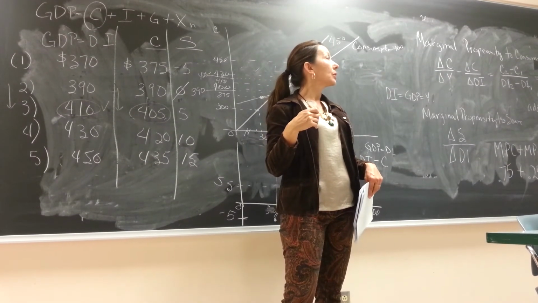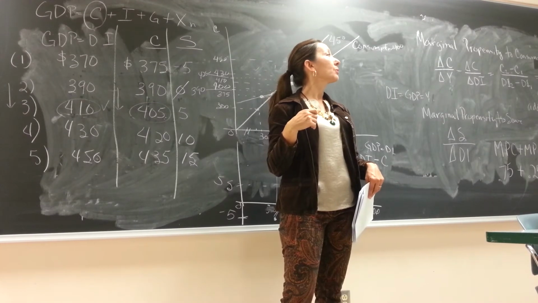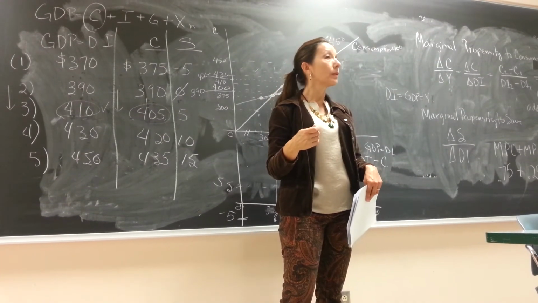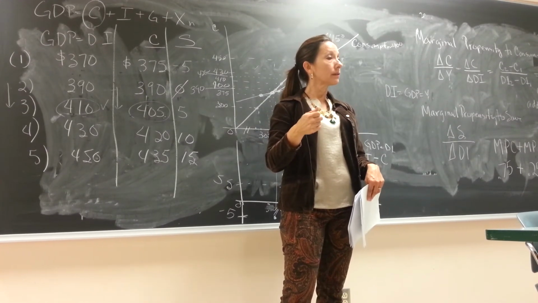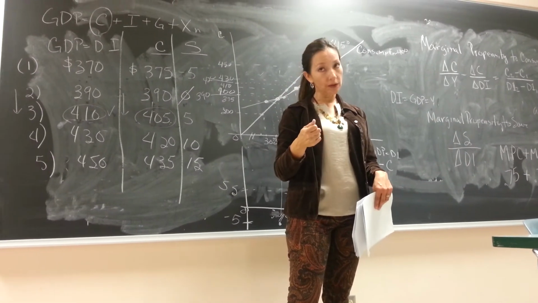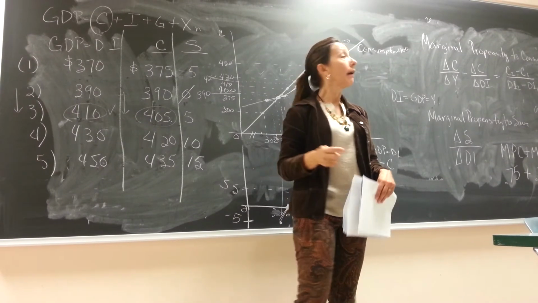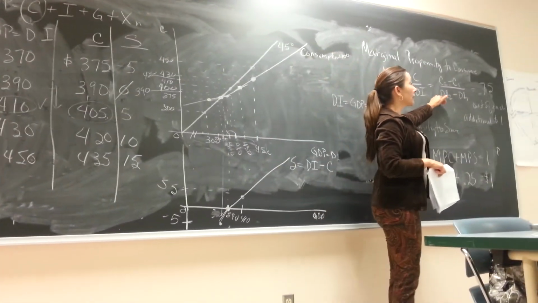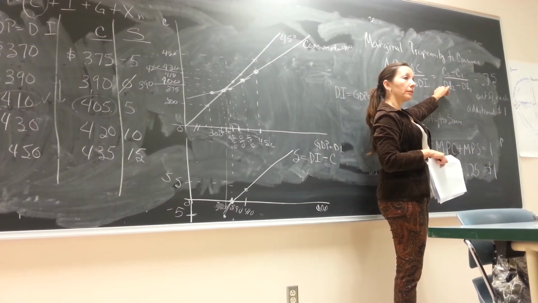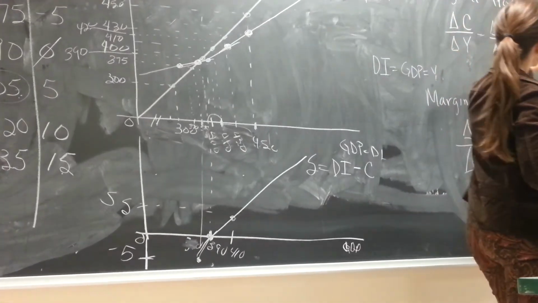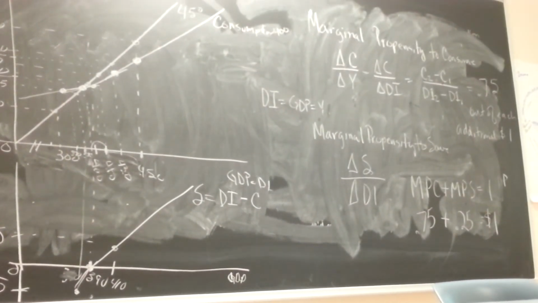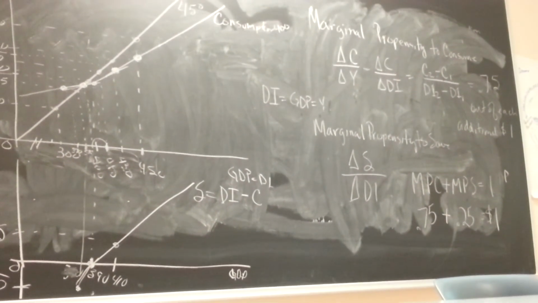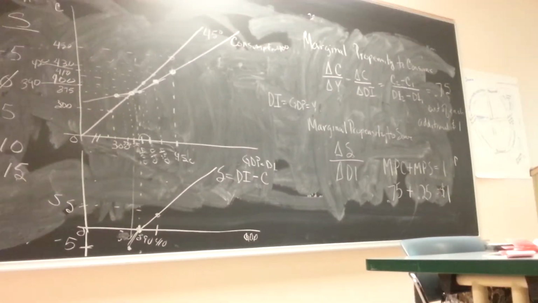Now, we want to look at marginal propensity to consume. Now we're going to look at for each additional dollar that we get, how much of that additional dollar are we consuming? And that is when we're going to use this formula here. So consumption level 2, consumption level 1, as we move from 390 to 410, what is our C2 going to be? 405.